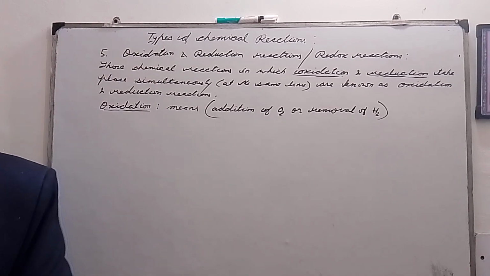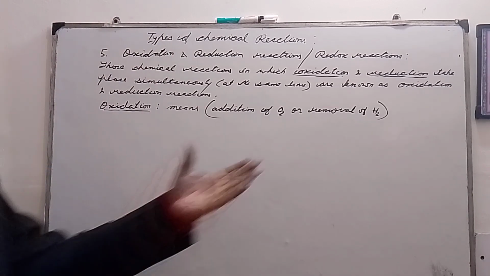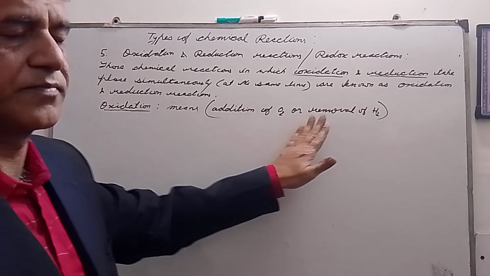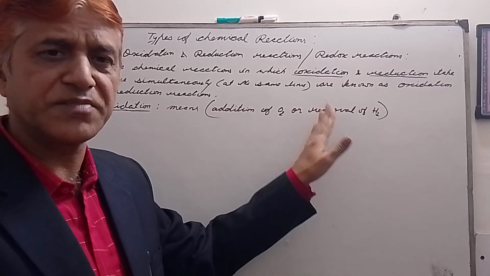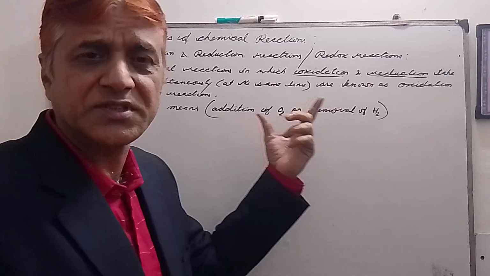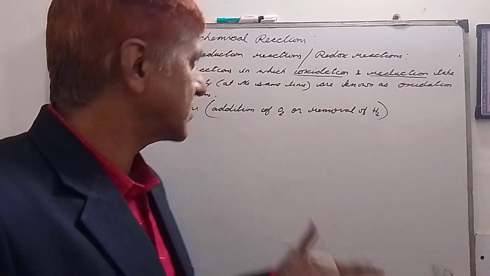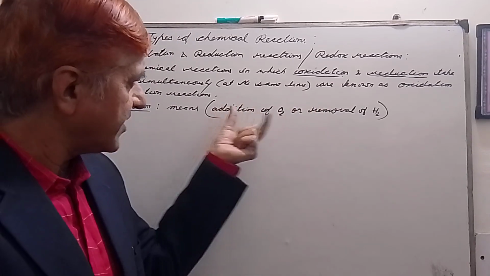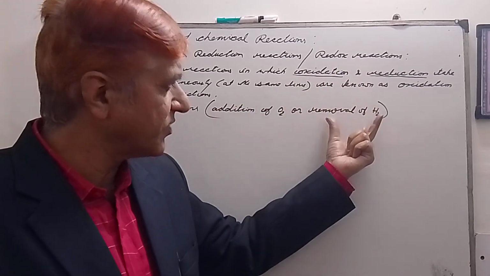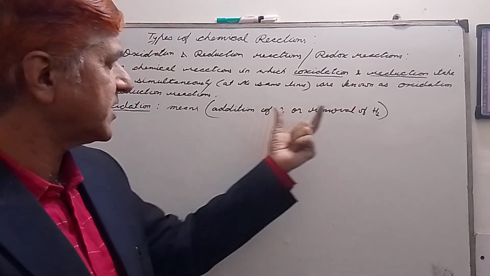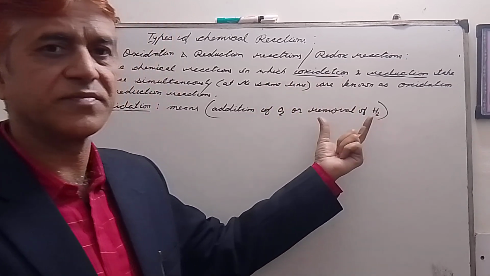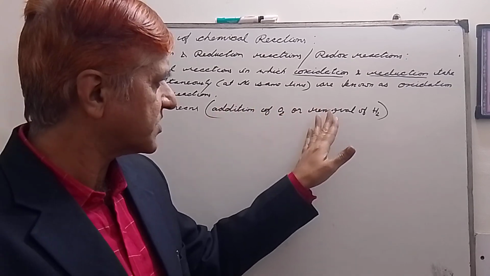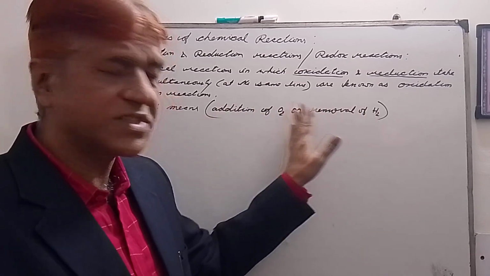Addition of oxygen or removal of hydrogen is known as oxidation. My dear students, please remember this. Write this 10 times, 20 times so that you come to learn this. Addition of oxygen, removal of hydrogen. So this is oxidation.